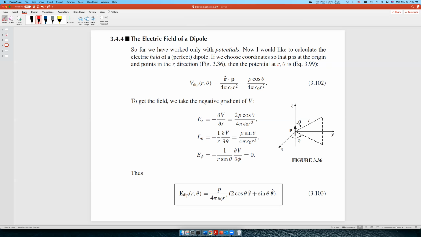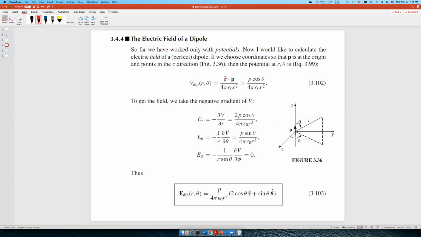Then the potential at r, theta is given in the previous equation. If we consider the dipole term, it could be written in this format.